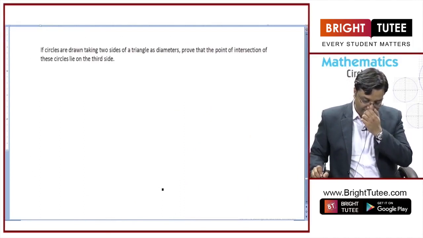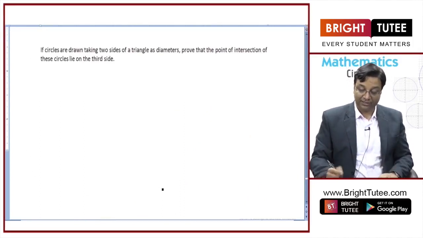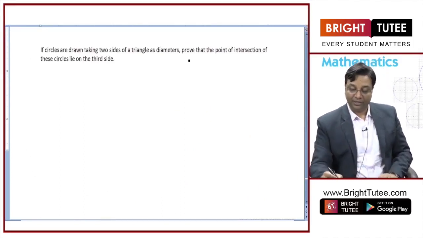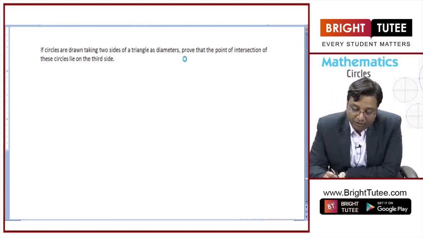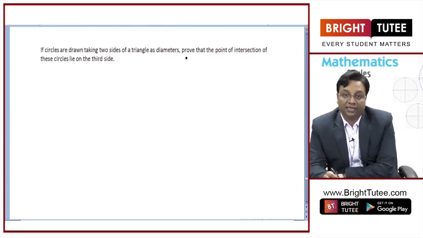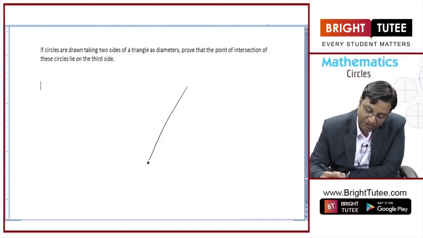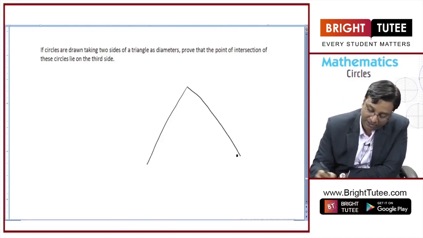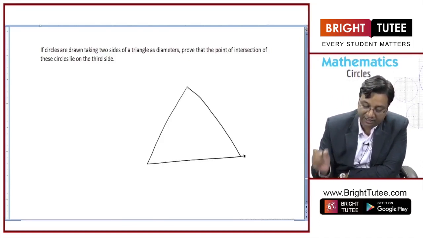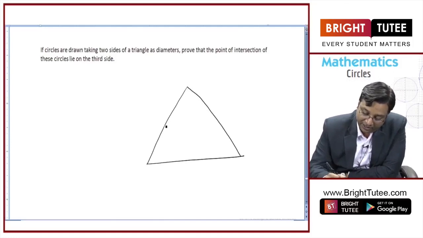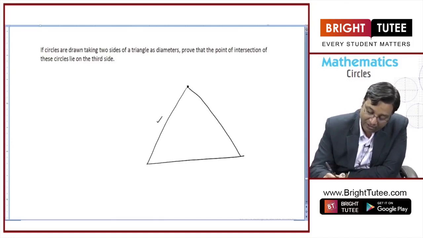If circles are drawn taking two sides of a triangle as diameters, prove that the point of intersection of these circles lies on the third side. So what this question means is, let us say these are sides of a triangle and taking this as diameter, a circle is drawn.